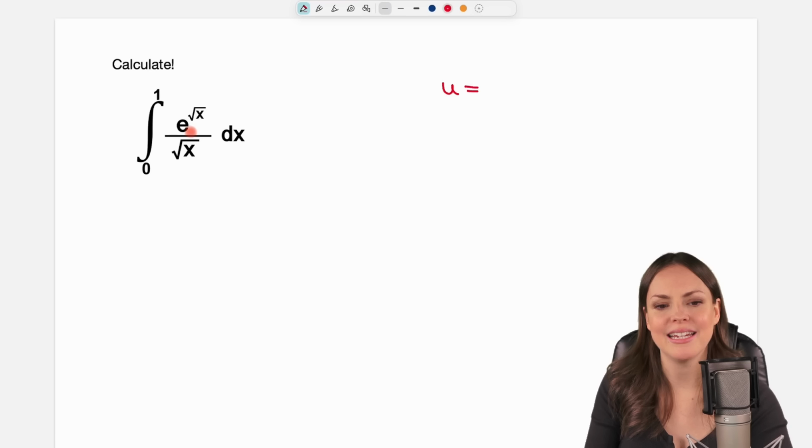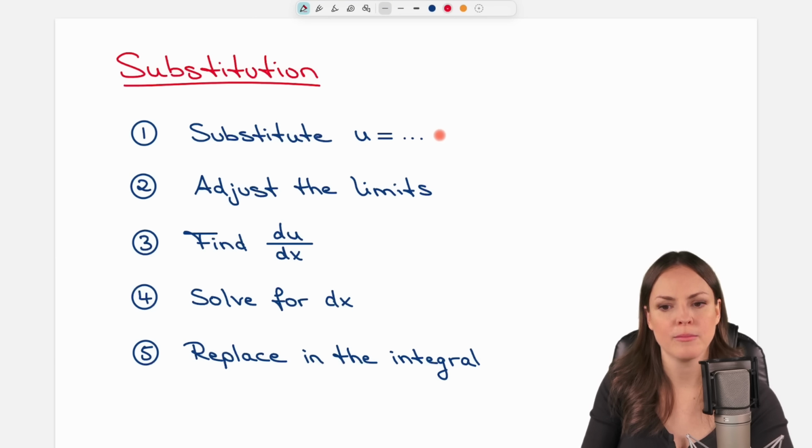We already said it would be nice if we just had e to the x here. We don't have it, so what disturbs us the most is this square root of x. I want to substitute it and make my function easier. So my u is going to be the square root of x.